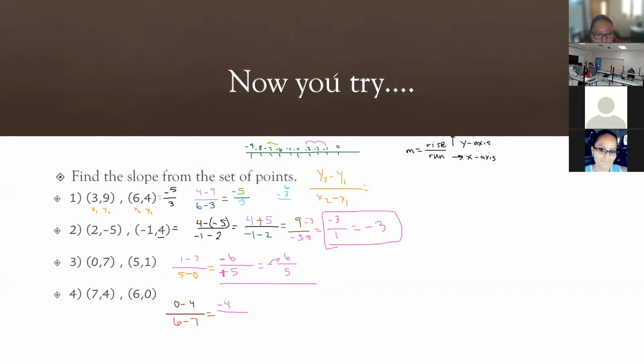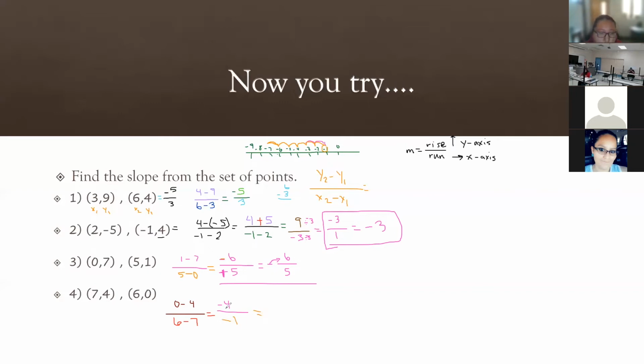And then for the bottom one, this one is going to be 1, 2, 3, 4, 5, 6. It'll land on negative 1. So our bottom is going to be a negative 1.